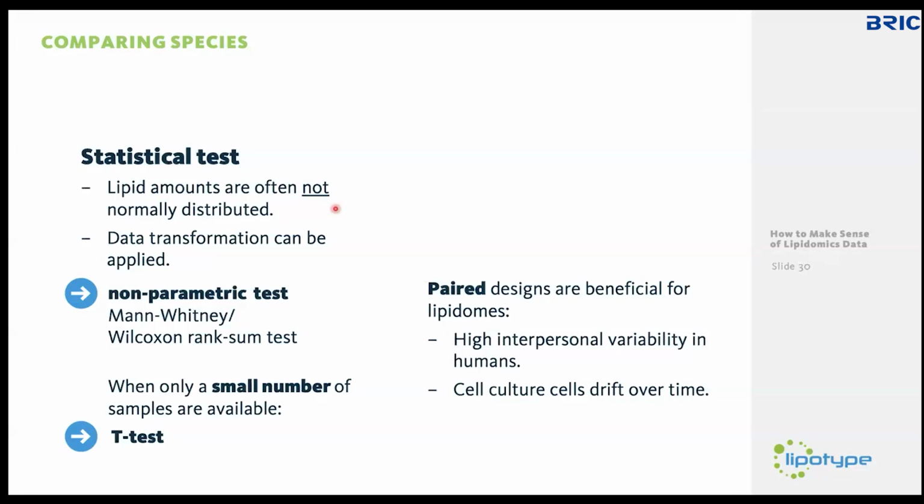For example, if you're doing a screen, don't do the control at the beginning and then all the screen samples for the next month, but have a control with every treatment that you do. This helps a lot by reducing the drift that you see in cell culture over time.